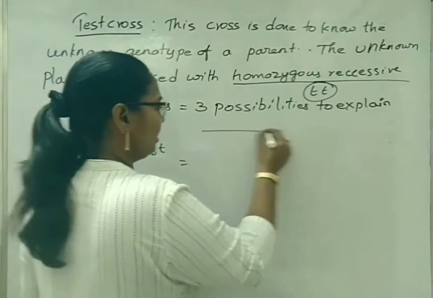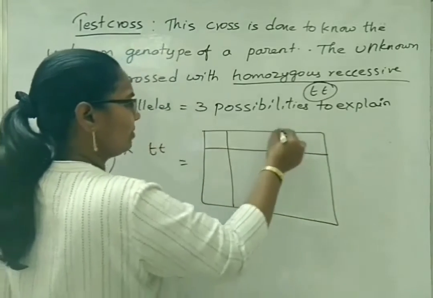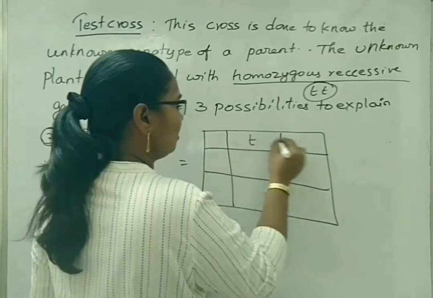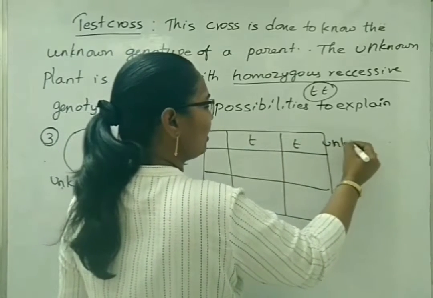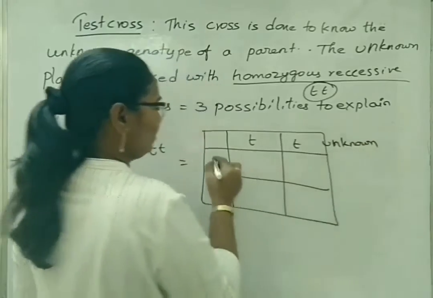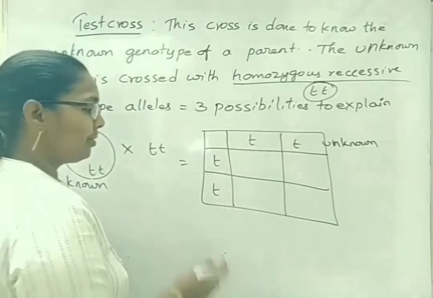So here, again draw the Punnett square and let's check. Suppose think unknown is this one and we don't know exactly initially, and the homozygous recessive one, that we know we are taking that type of plants only.